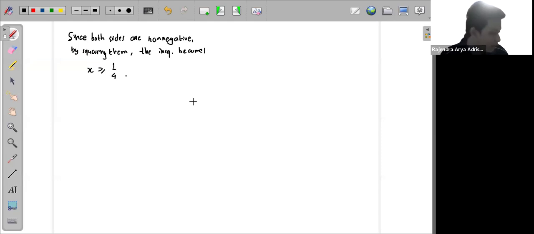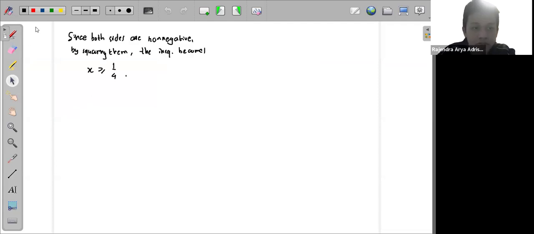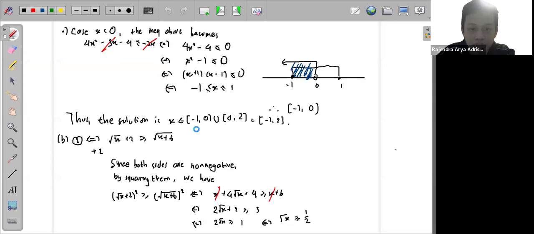But it doesn't end there. You must remember that for a square root inequality to hold, the requirement is that the number inside the square root must be non-negative. So let me write it here.